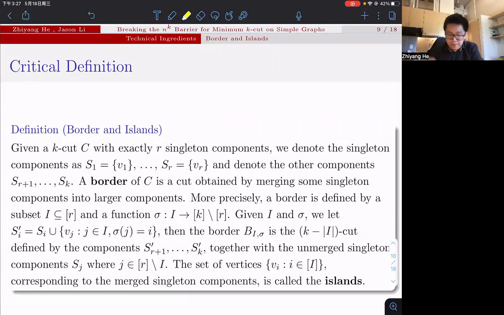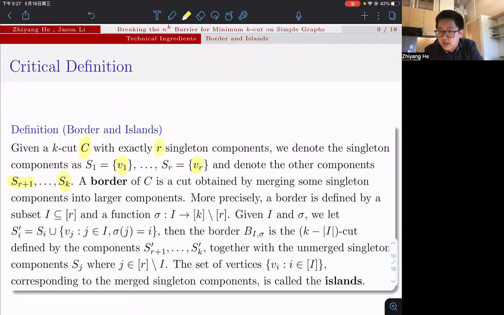So it says the following: given a K-cut C with exactly R singleton components, we're going to denote the singleton components V1 to VR, and the other components, there are K minus R of them, as S_{R+1} to S_K. A border of C is a cut obtained by merging some singleton components into the other larger components.